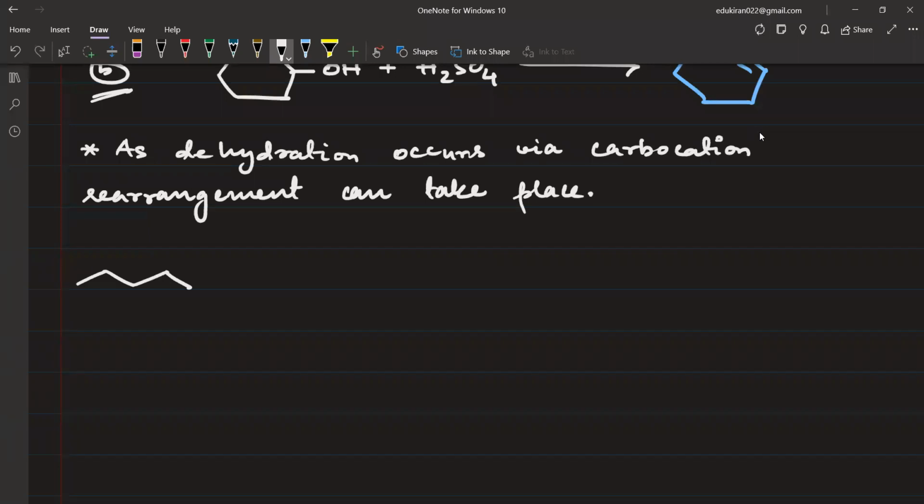So for example, if I have something like this, OH here and one CH3 group here. First of all, see the mechanism here again. The first step is the reaction. It will attack H+. It will form OH2 positive. And the CH3 is already here.